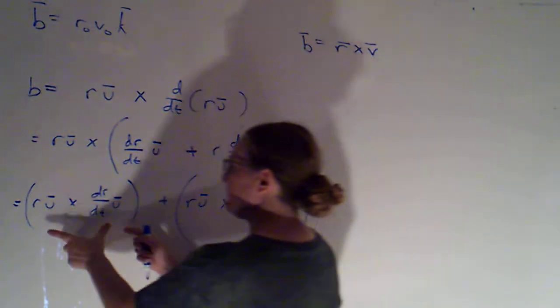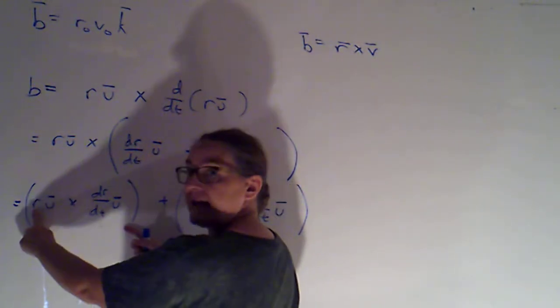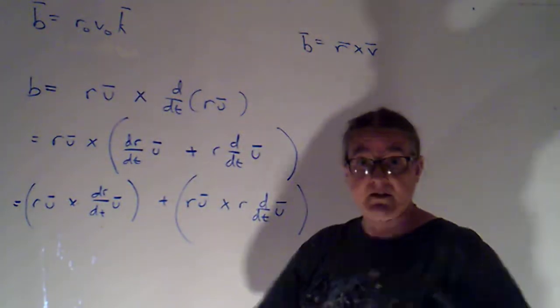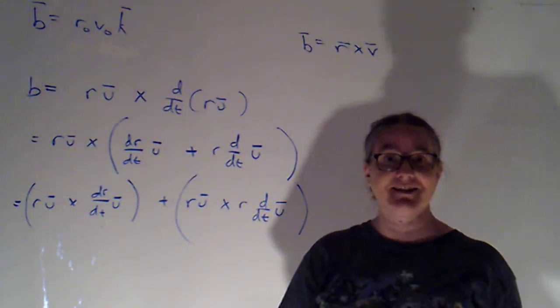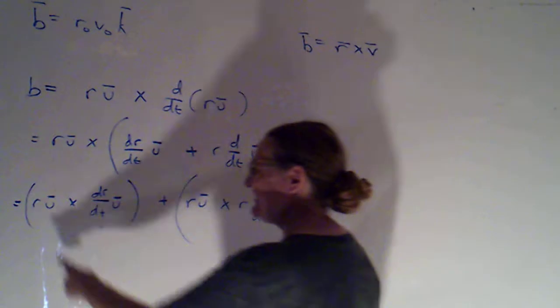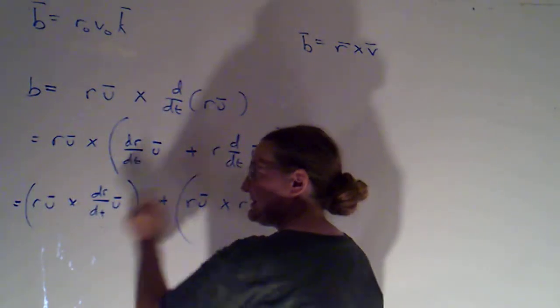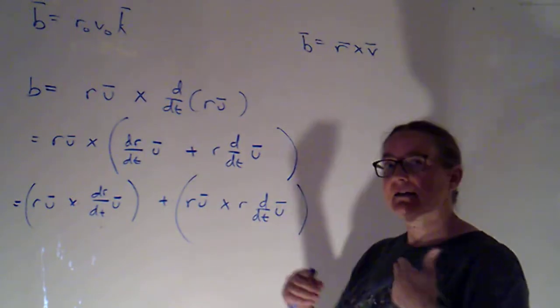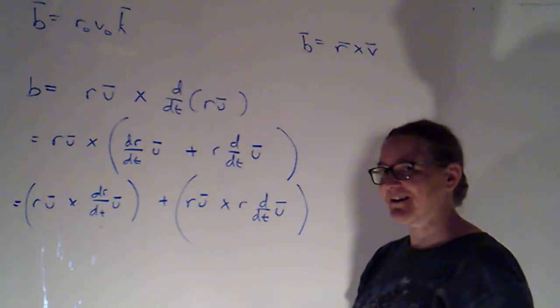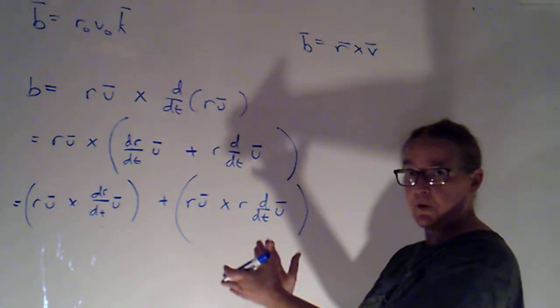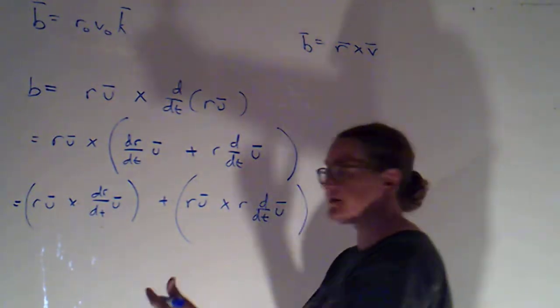Now if I look at this first term, that's a scalar multiple of U. R is a function of t, so it's going to be a different scalar at different moments in time, but that doesn't erase the fact that that's going to be a scalar multiple of U. This is also a scalar multiple of U. A nifty property about the cross product is that I can take those scalars and do the cross product first and then multiply by those scalars.